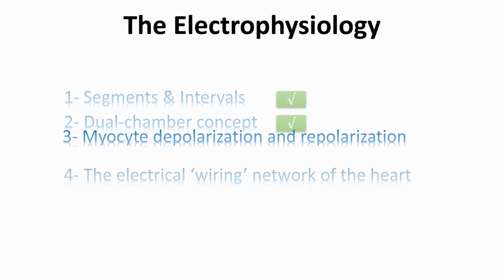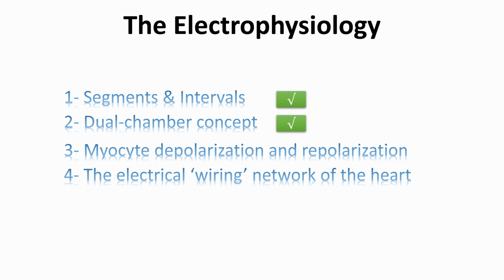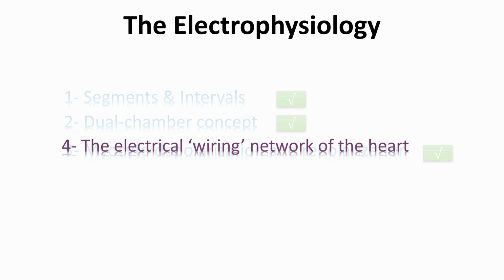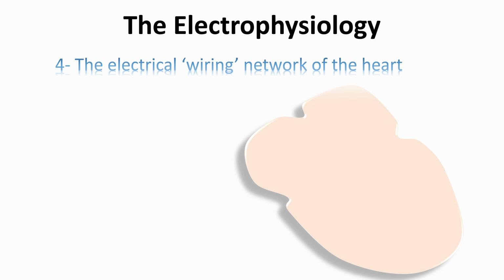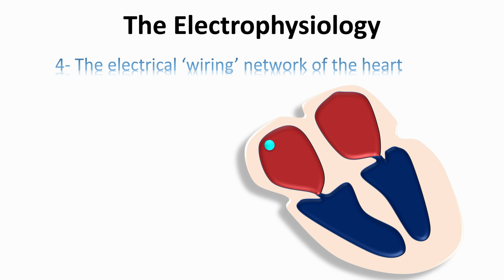Last thing, we will talk about the electrical wiring network of the heart. The electrical impulse that initiates myocardial depolarization and contraction originates from a group of cells that comprise the pacemaker of the heart.